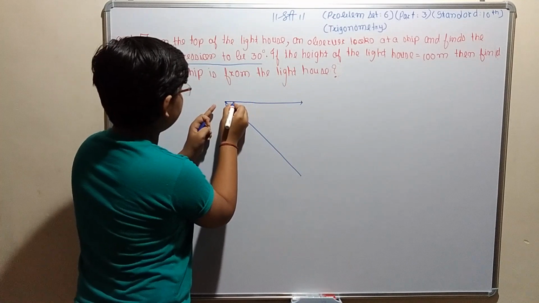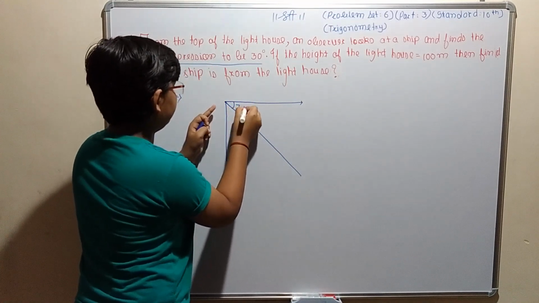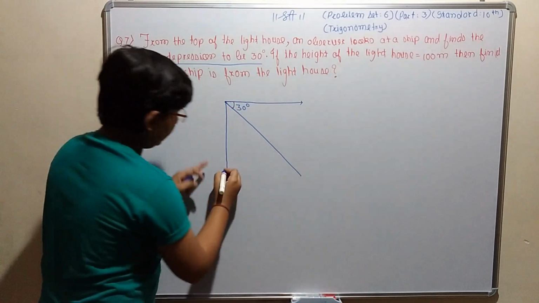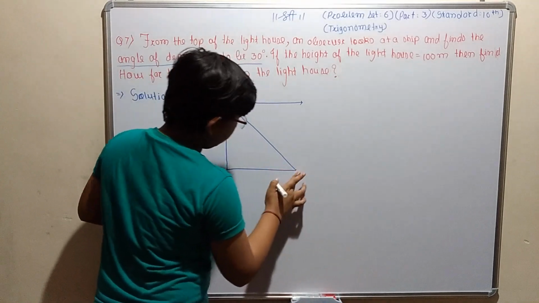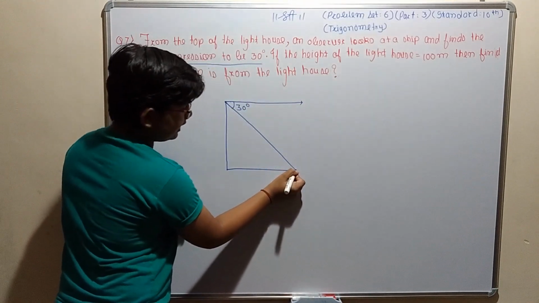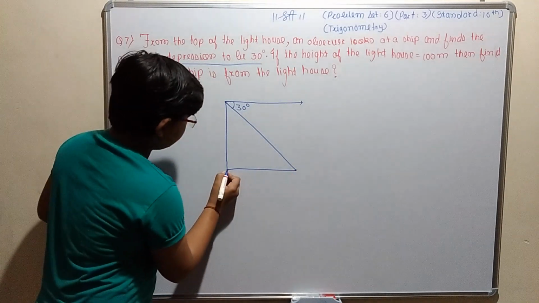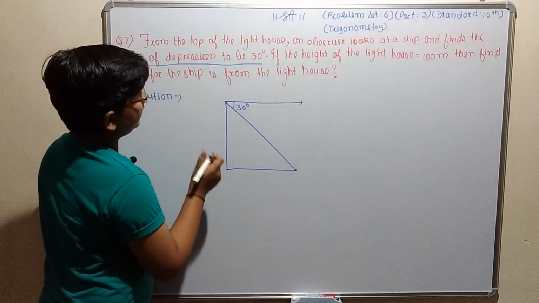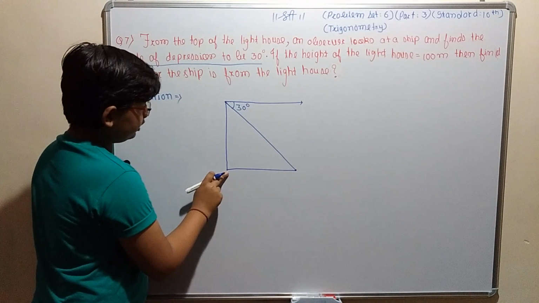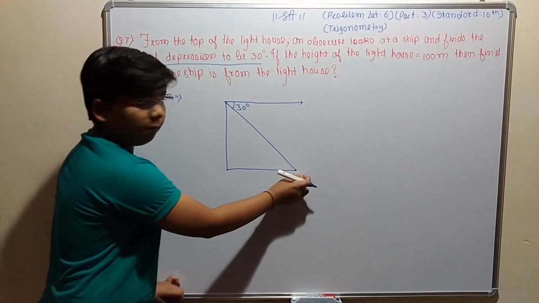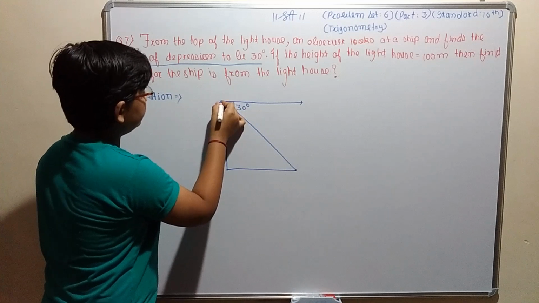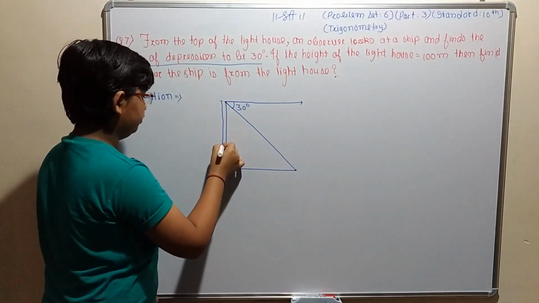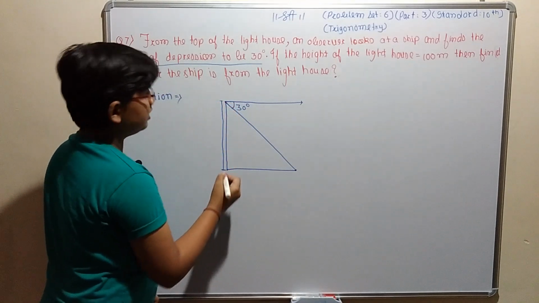So this angle will be equal to 30 degrees. Now we will join these 2 points. Now here is a ship and this is a lighthouse, and we have to find how far the lighthouse is from this ship, and it is also given that the height of the lighthouse is 100 meter.